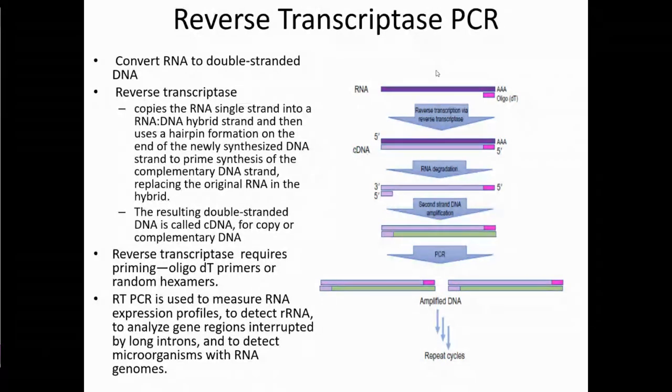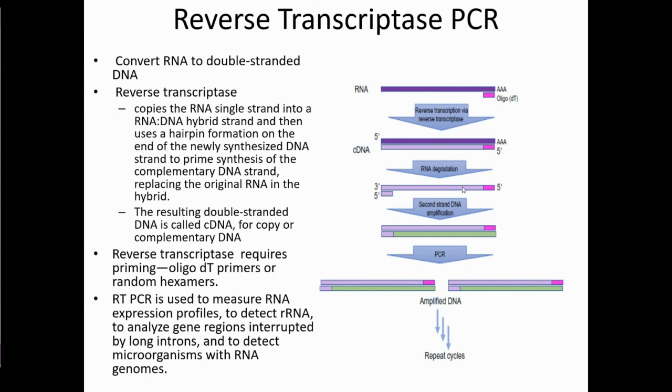Normally you have this oligo-dT primer, which is an 18-base-long single-stranded poly-dT sequence that will prime to the RNA, and then they can synthesize the complementary DNA. After they synthesize the complementary DNA, you have the RNA-DNA hybrid. At this point you need to degrade the RNA.